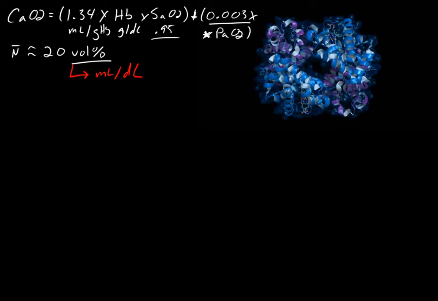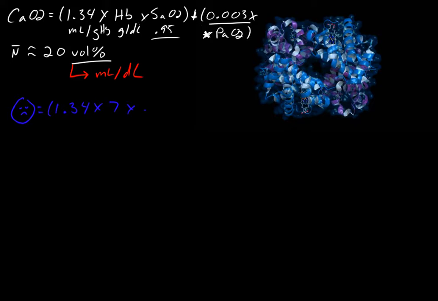All right, so I think the best way to illustrate the different aspects of this equation briefly is to just do a quick little scenario. And by scenario, I mean just abnormal lab values. So let's say we have a sick patient. All right, so let's calculate their CaO2. So we're going to take the 1.34, and let's say this patient has a hemoglobin of 7, which is low, right?